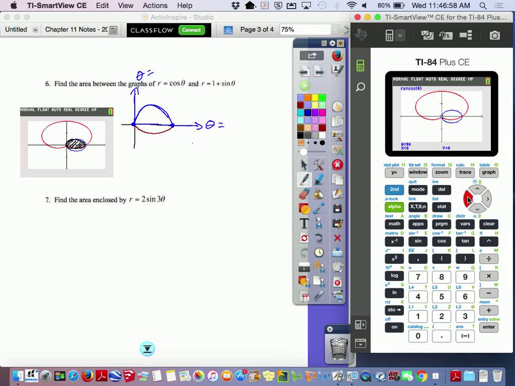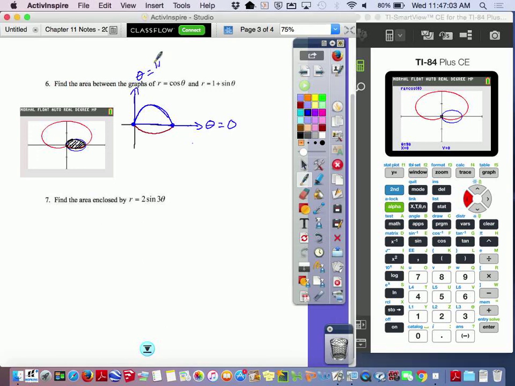We're at 0, 0 at pi over 2. So that means we go from 0 to pi over 2. That is going to get all of this area. So I'm going to do 1/2 times the integral from 0 to pi over 2 of cosine of theta squared d theta.